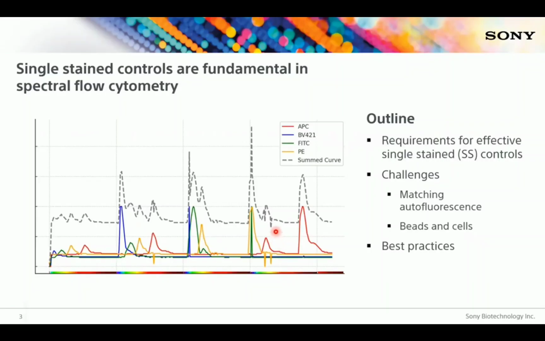Without them, accurate unmixing would not be possible. In this talk, we will go over the key requirements for effective single-stain controls, the challenges, such as matching autofluorescence between positive and negative populations, the use of beads versus cells as controls, and the best practice to ensure accurate unmixing and high-quality data.